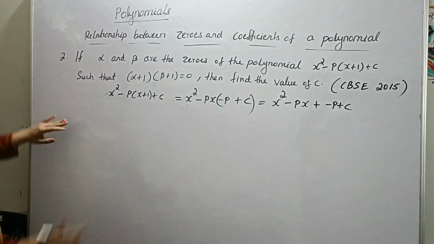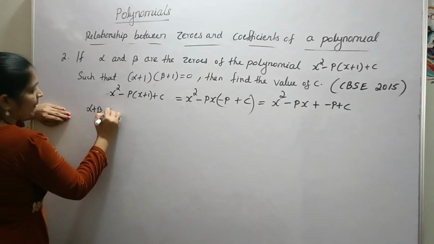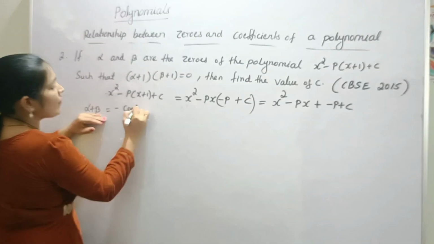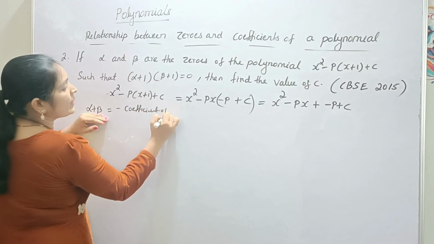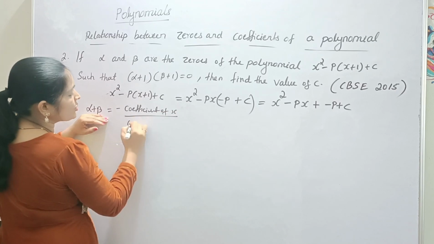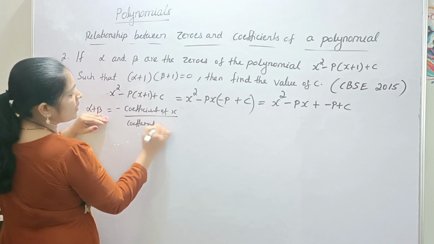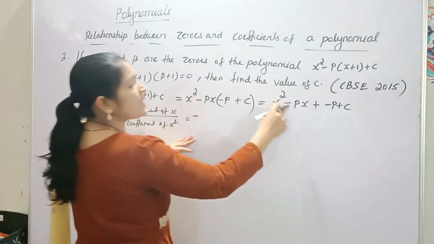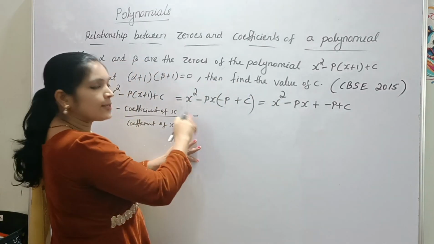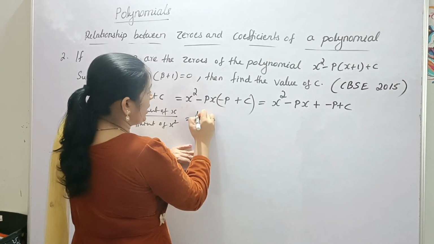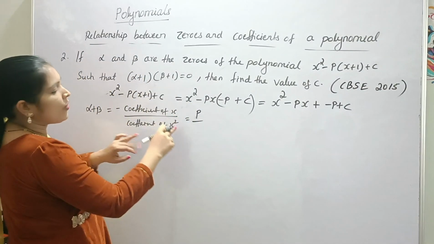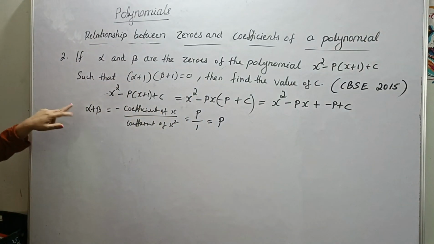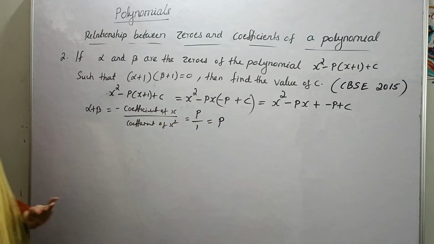Now let's find alpha plus beta. Alpha plus beta is minus coefficient of x divided by coefficient of x square, that is minus of minus p, so it is plus p, divided by 1, that is p. Now we have got alpha plus beta is equal to p.